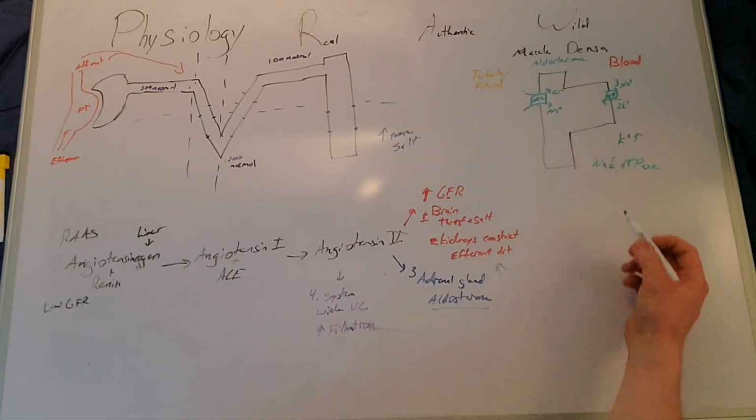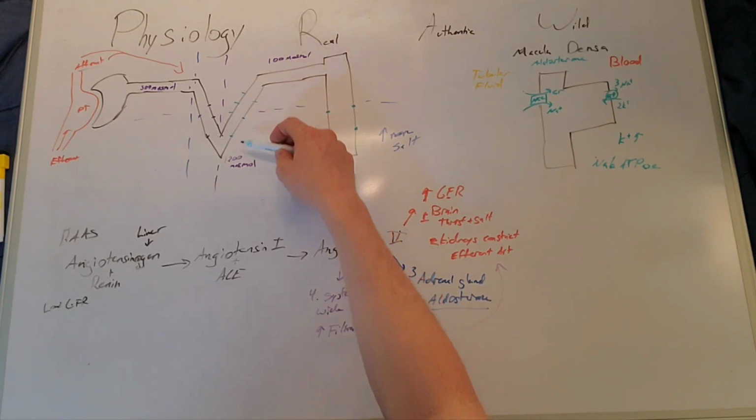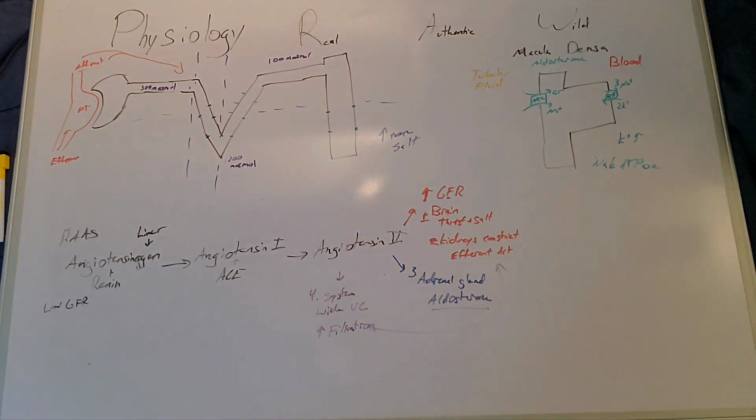So if we have more of those protein channels on the ascending portion of the loop of Henle, then we have more salt.